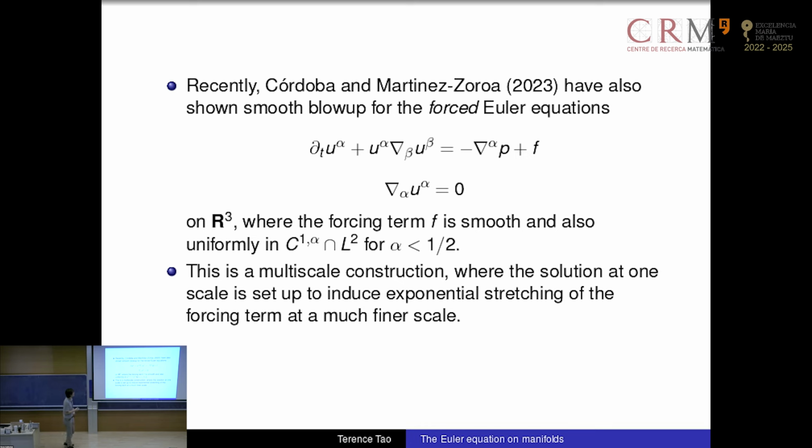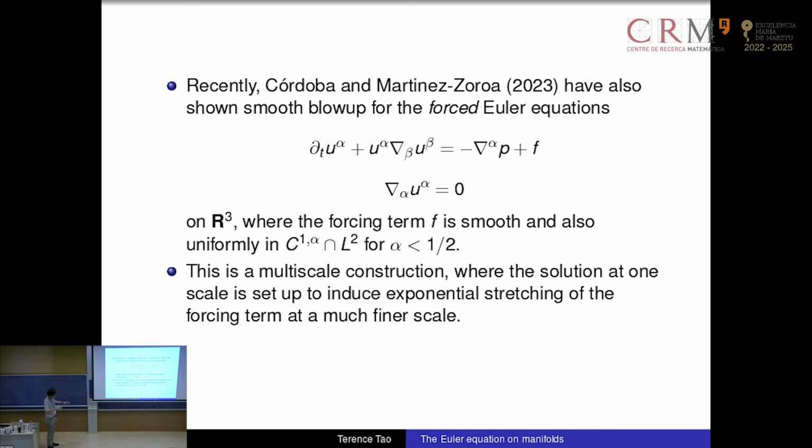Back in R3, the Euler equations where the initial data is smooth and the forcing is smooth, but gets less smooth as you push toward the blow-up time. It's uniformly in a Hölder class C^{1,alpha}: at any given time it's in C infinity, but only the C^{1,alpha} norm stays bounded.